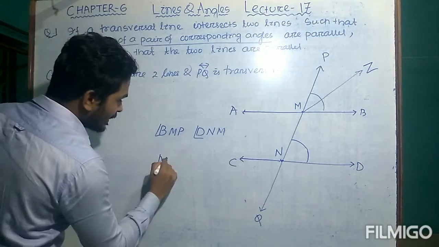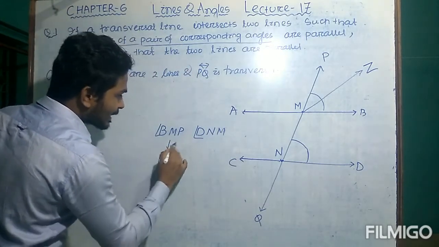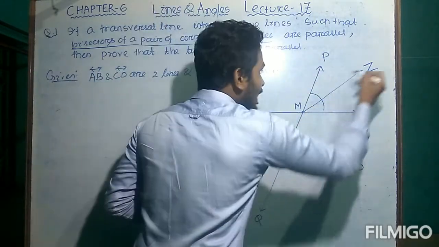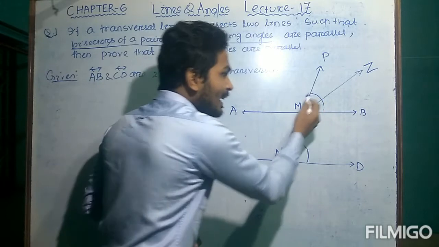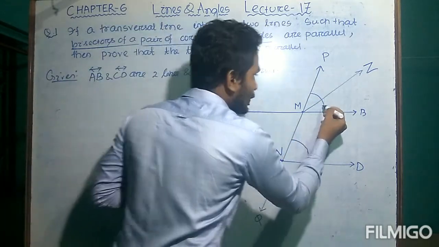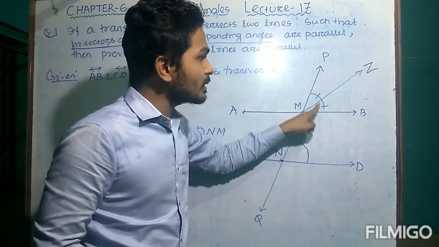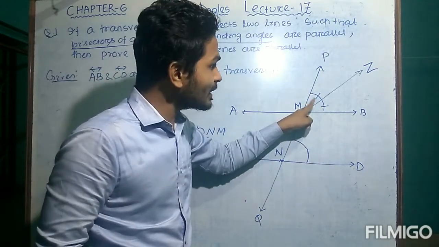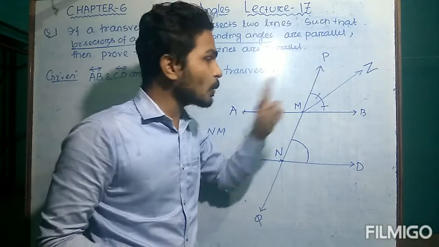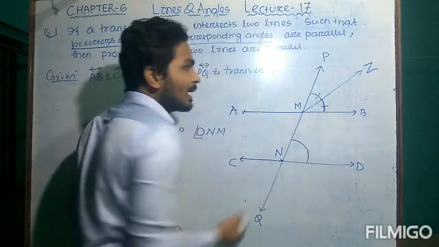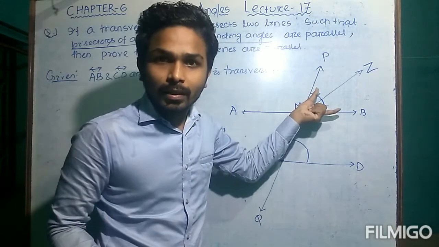So MZ is the angle bisector of the angle BMP. Now, since it is the angle bisector, it divides the angle into two equal halves. Hence, you can write this angle is equal to this angle. That is why I use this symbol, to identify that these two halves are equal, and each half is half of the total angle.